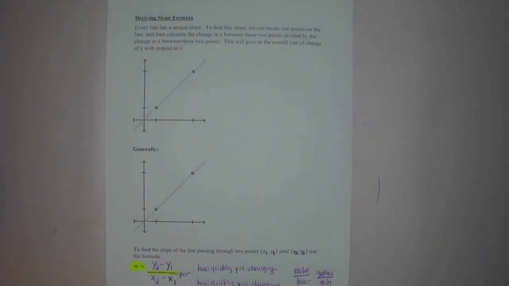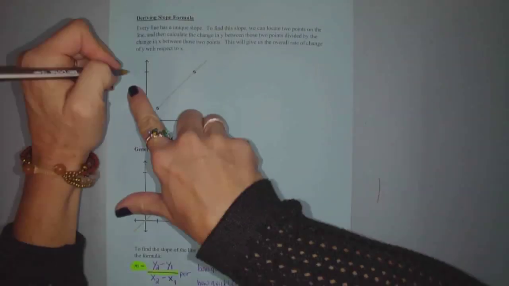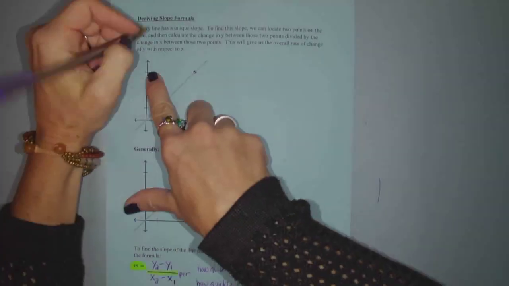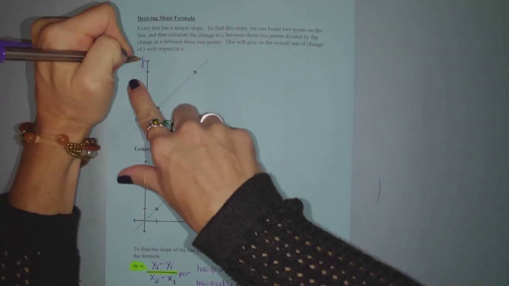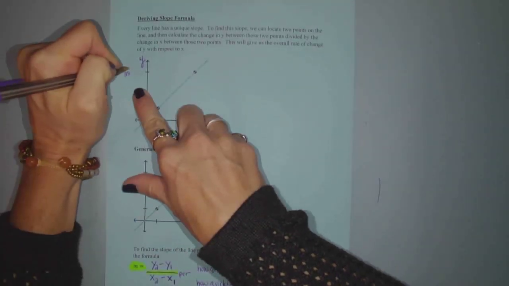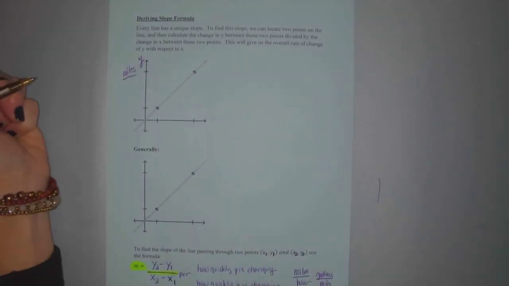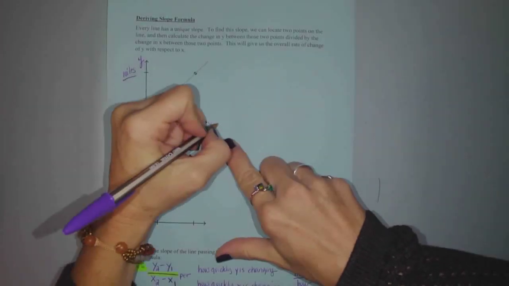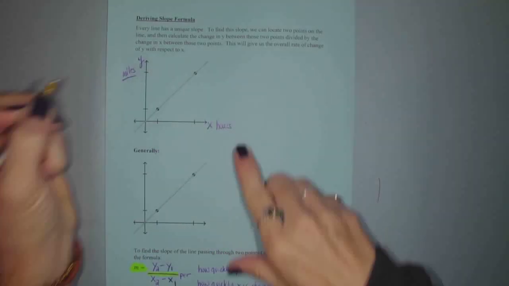So just using the example down here, say that the Y-axis on this graph I gave you represents distance, say that represents miles, okay? And say that the X-axis is time. Let's say that this represents your hours.